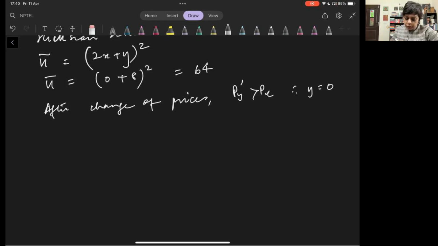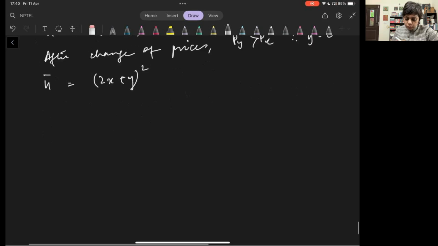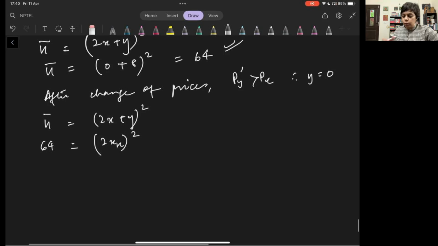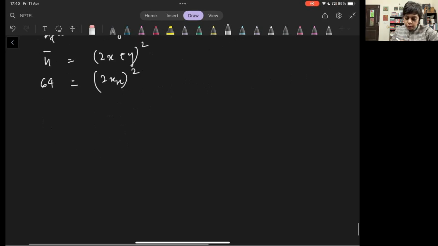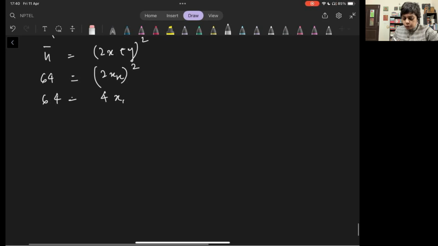So to calculate x, we take 2x plus y whole square. Here we know u bar, which we just calculated. 64 is equal to 2x, you can say xh, whole square. This y we already know is 0. So 64 is equal to 4 times xh squared, so xh square is equal to 16, xh is equal to 4.